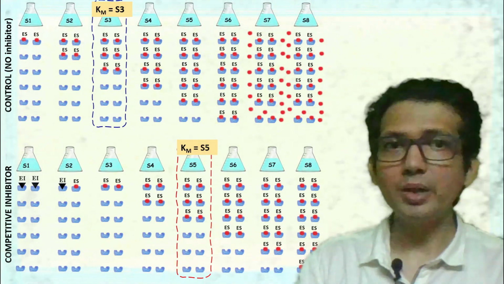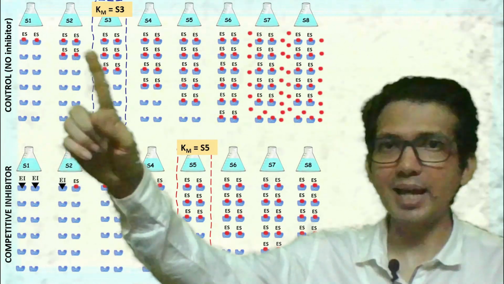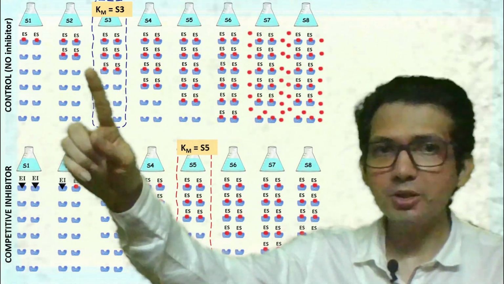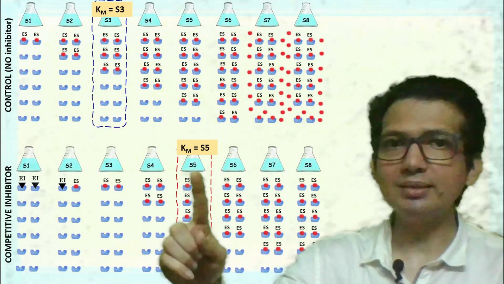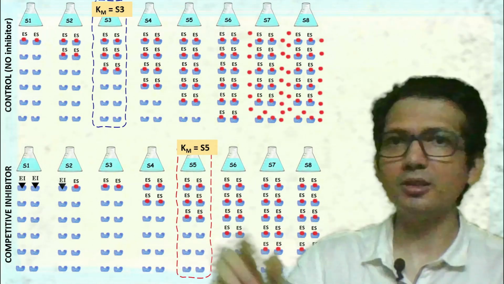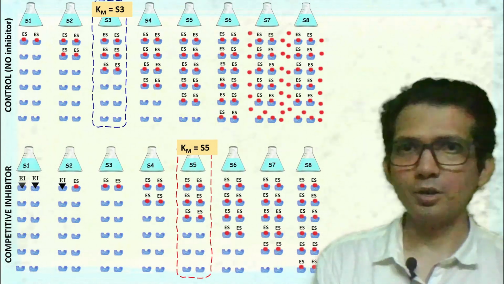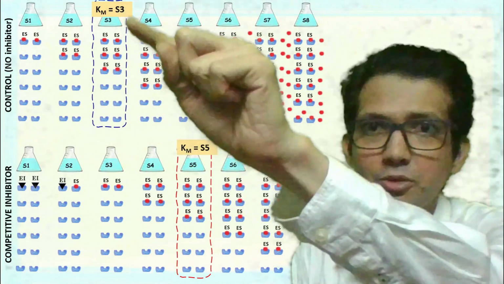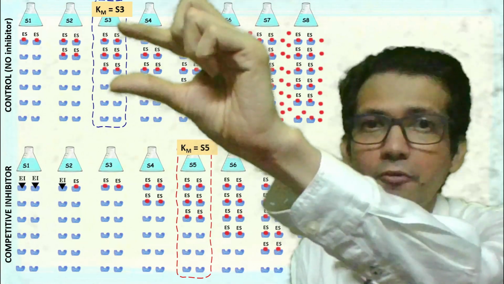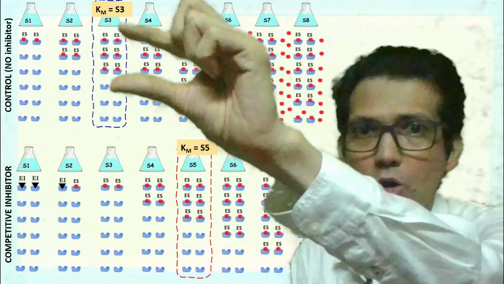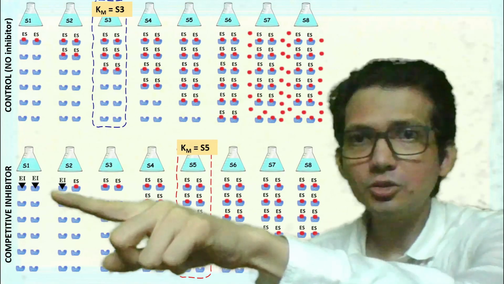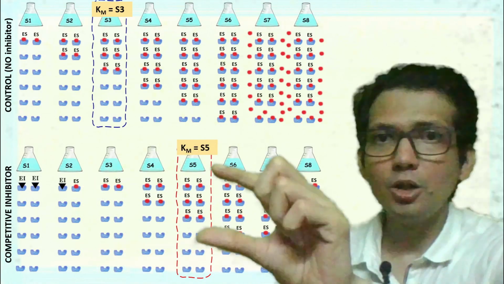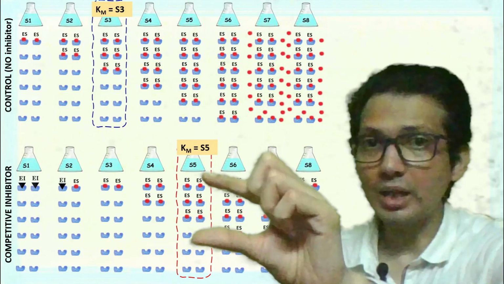The Km value in absence of inhibitor was S3, and in presence of competitive inhibitor, the Km value has increased to S5. So in absence of competitive inhibitor, the substrate concentration S3 showed 50% formation of ES complex, whereas in presence of competitive inhibitor, the substrate concentration S5 shows 50% of ES formation.